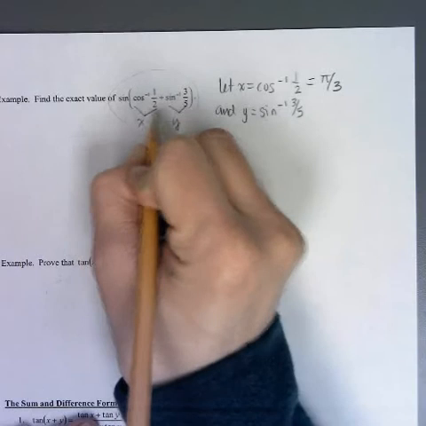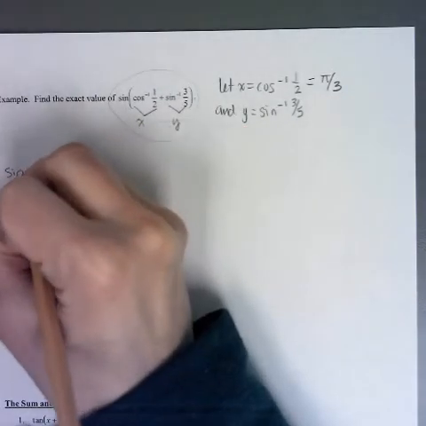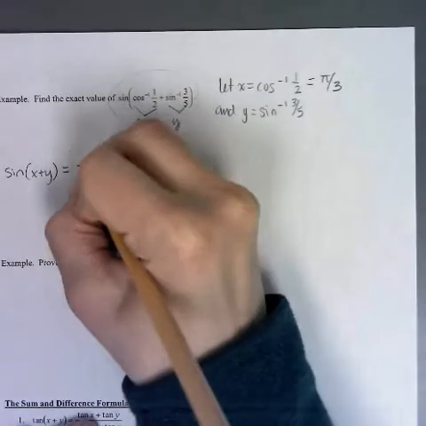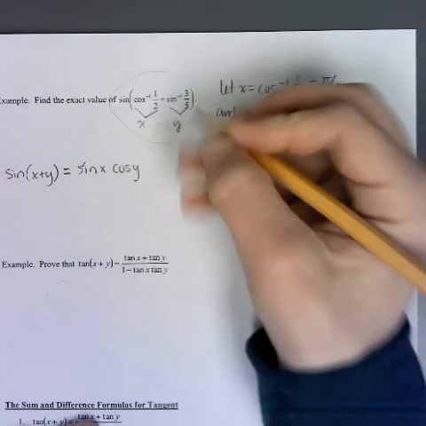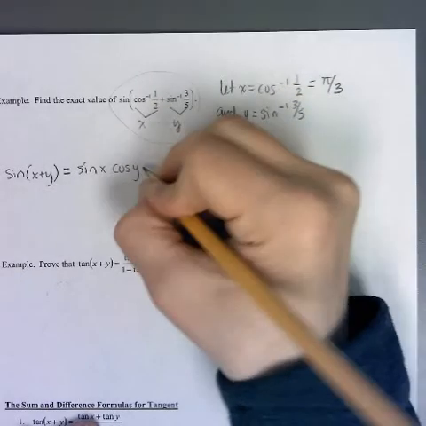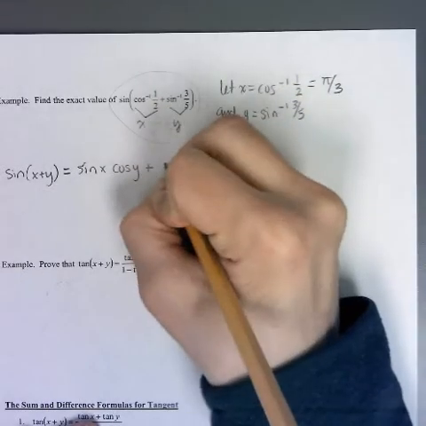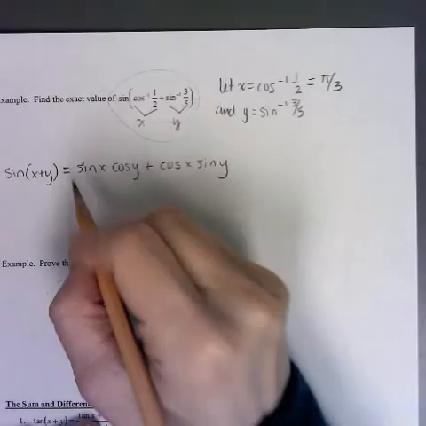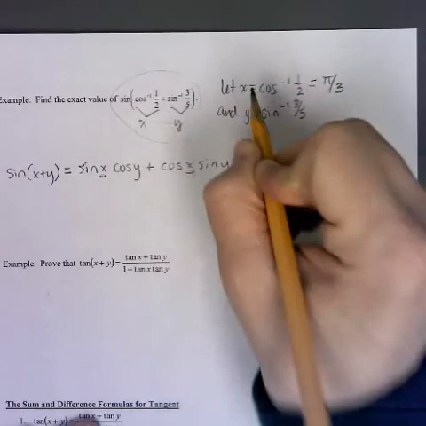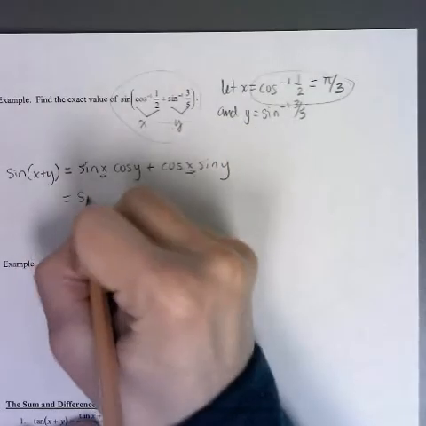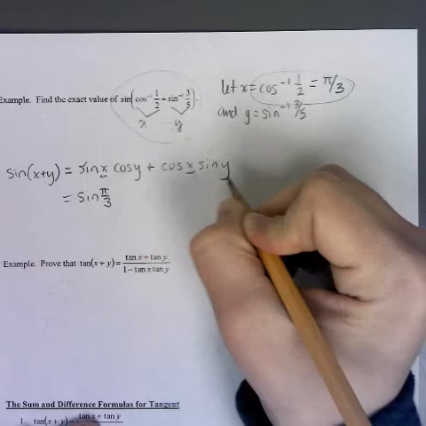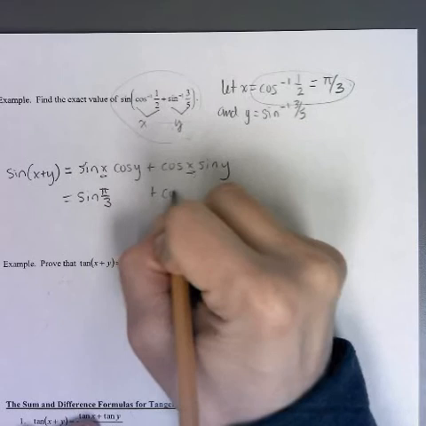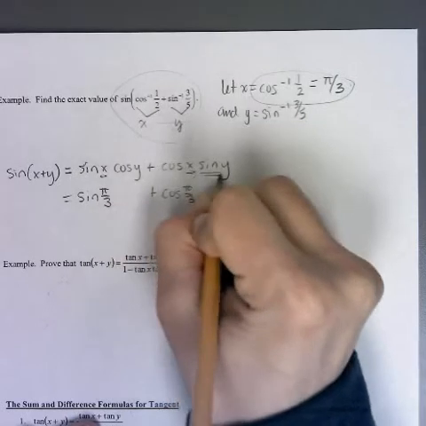Sine of x plus y is sine x cosine y plus cosine x sine y. All right, so the ones with the x are easy because we know x equals pi over 3. So this is the sine of pi over 3, right? This we're going to come back to, and then cosine pi over 3.